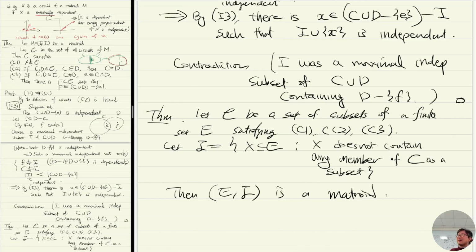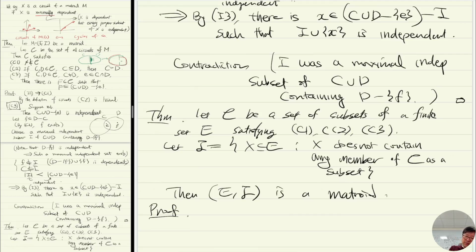In many cases, the proofs are straightforward. Sometimes proofs could be quite tricky. This proof is not too bad, right? So how do we define independent sets? Well, independent sets are the sets which do not contain any circuits.